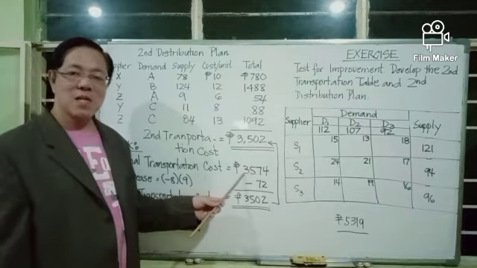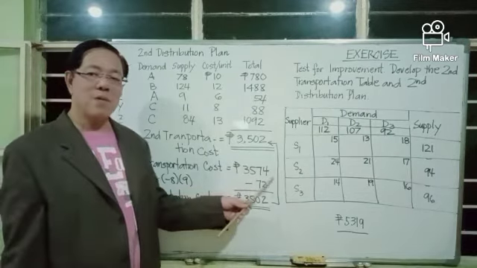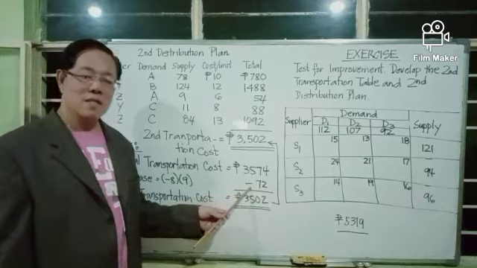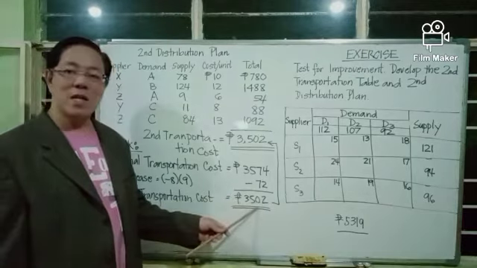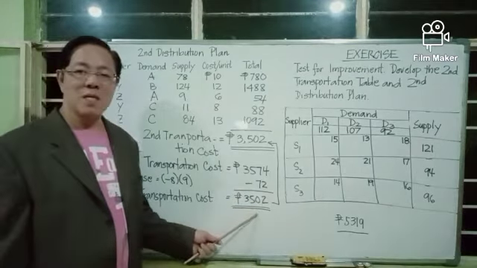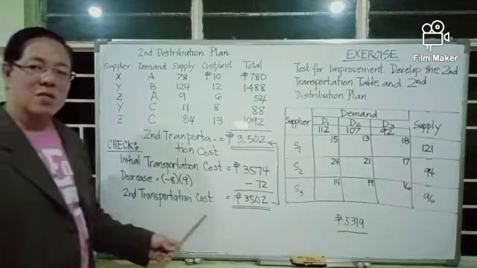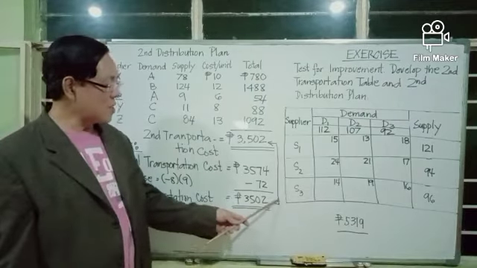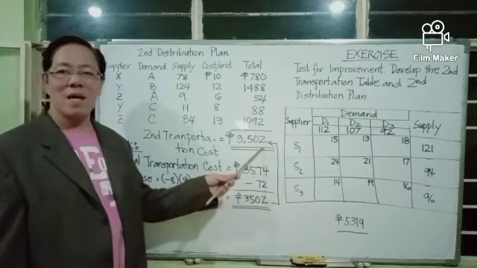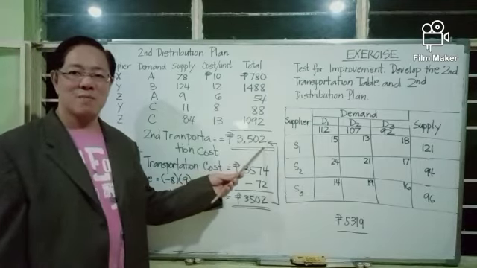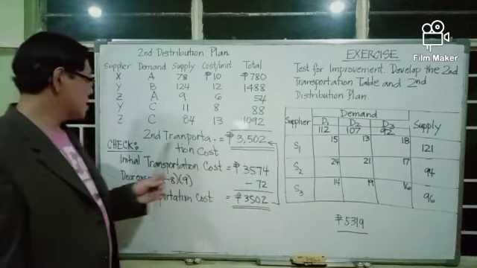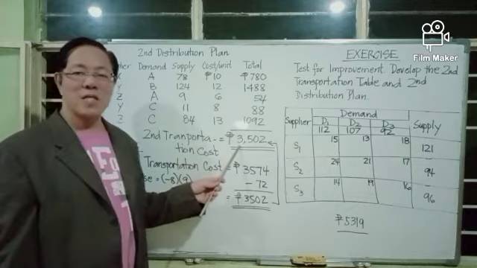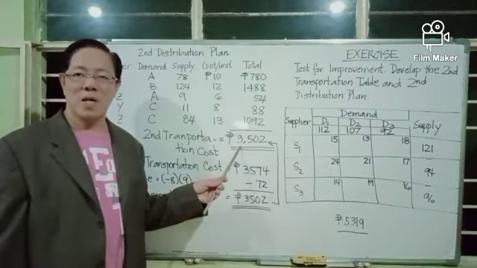The initial transportation cost of 3,574 minus the decrease is 3,502, which should be the second transportation cost, and which is what we actually get in the second distribution plan. So our second transportation cost of 3,502 is correct.